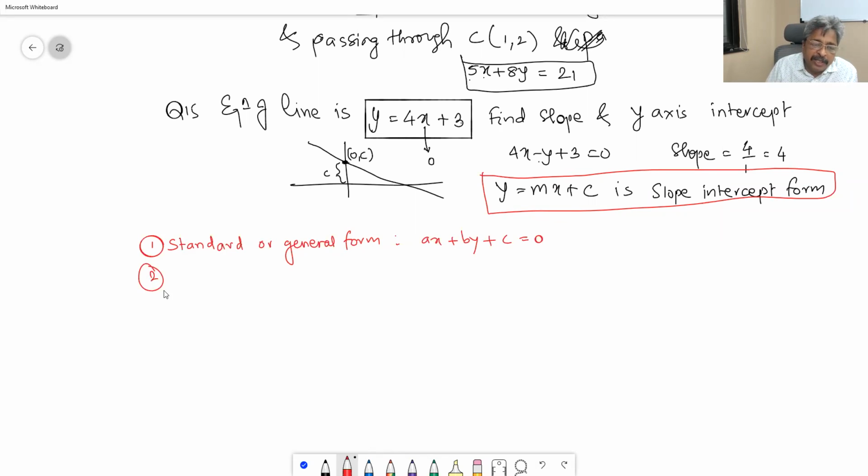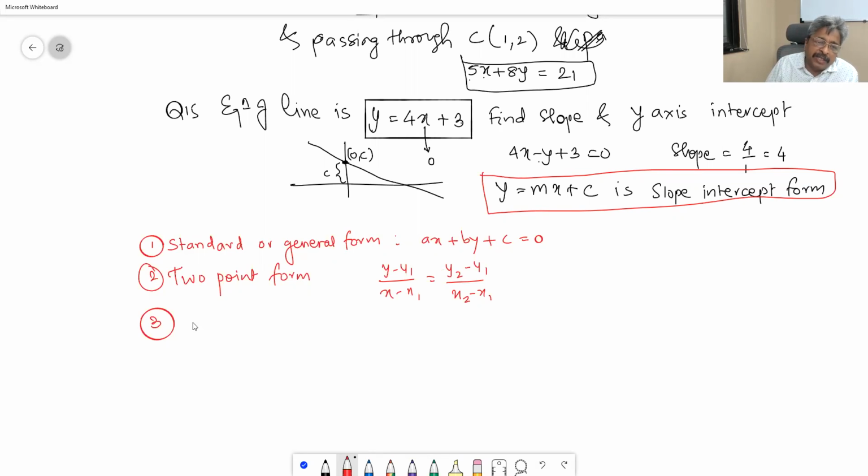The second form we have learned is the 2-point form, which is (y minus y1) upon (x minus x1) is equal to (y2 minus y1) upon (x2 minus x1). Actually, this is what the slope is.